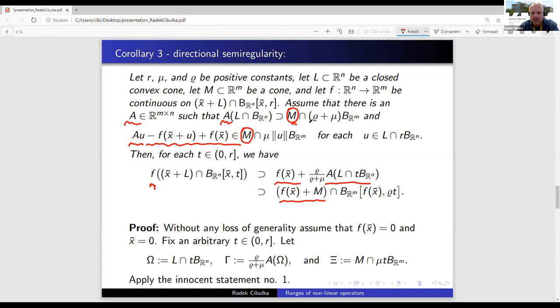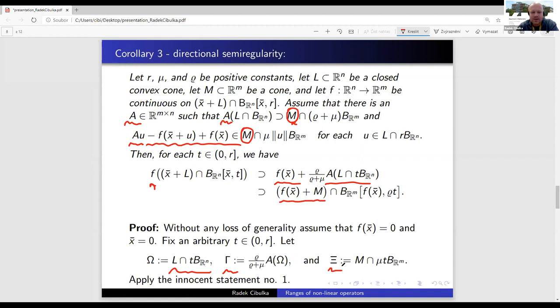So this is the statement in finite dimensions, and again the application of the innocent statement is really straightforward. So you simply choose sets in a particular way. So this is omega, this is gamma, and this is the error.